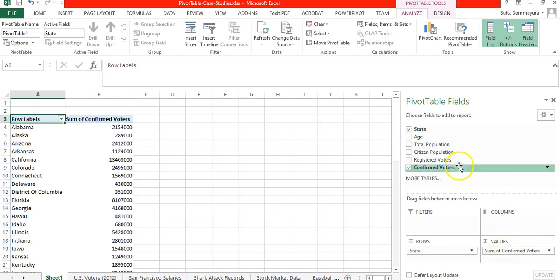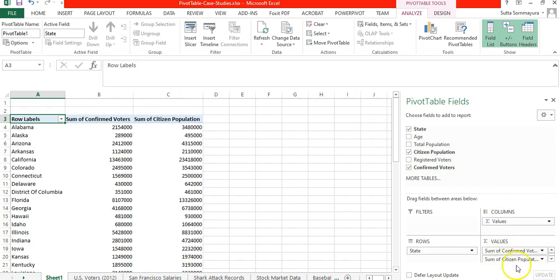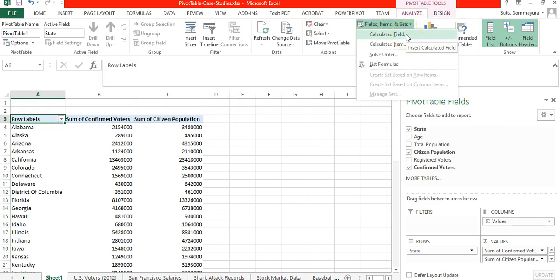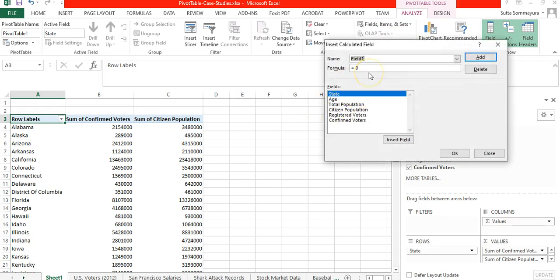So you can take confirmed water and citizen populations, and then after that you can create the new calculated field like percent water populations.